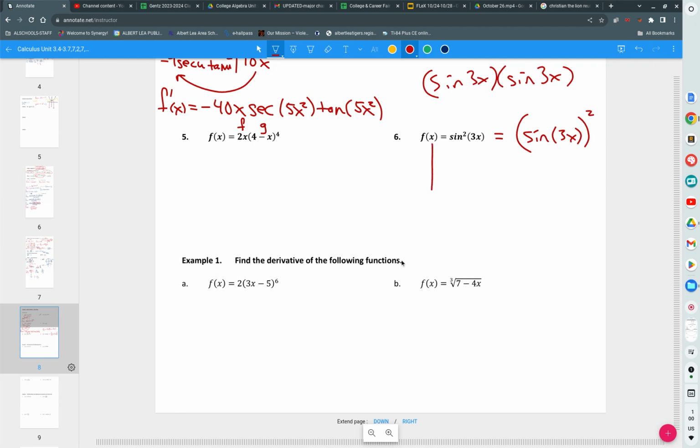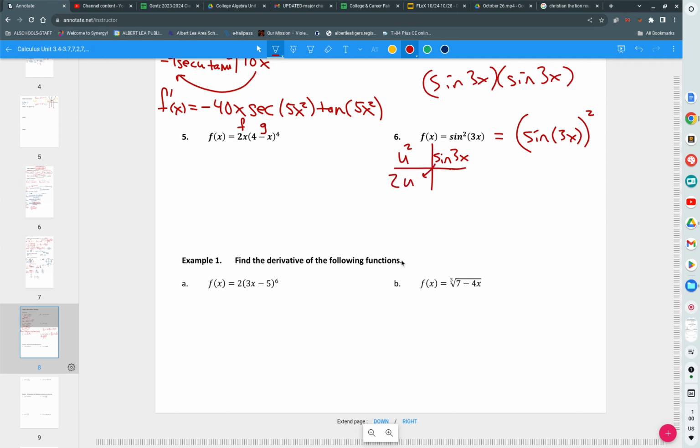Namely, what is the outside? Don't start with the inside, start with the outside. u squared. What's the inside? Sine of 3x. Is everybody okay with that? What's the derivative of u squared? 2u.